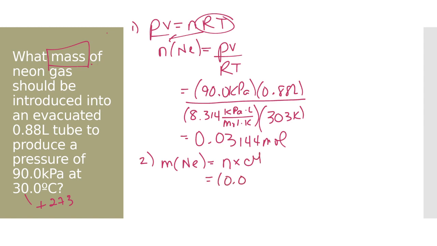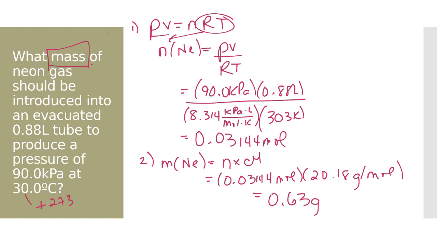So we take 0.03144 mole, and then we multiply by the molar mass of neon, which is 20.18 grams per mole. And then when we calculate this, we need to round to 2 sig figs. So I'm going to come up with a mass of 0.63 grams.